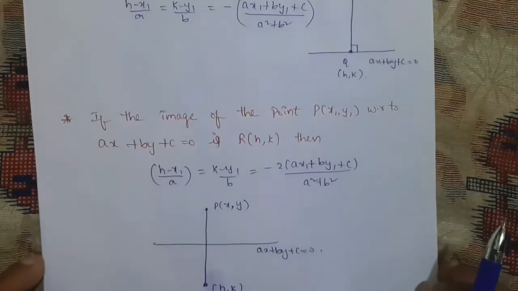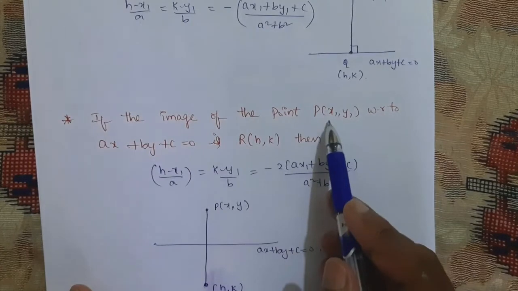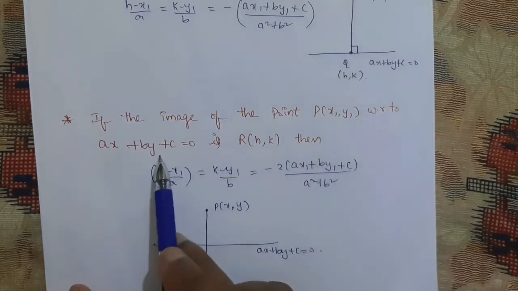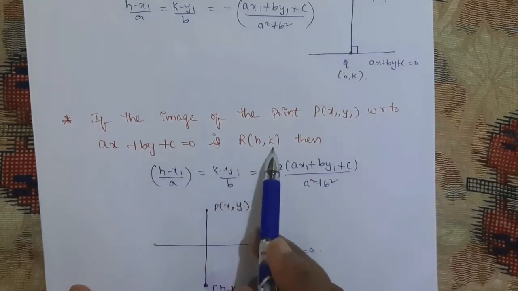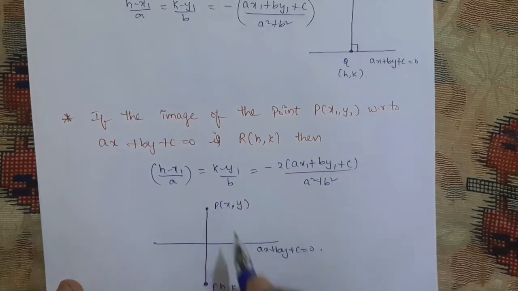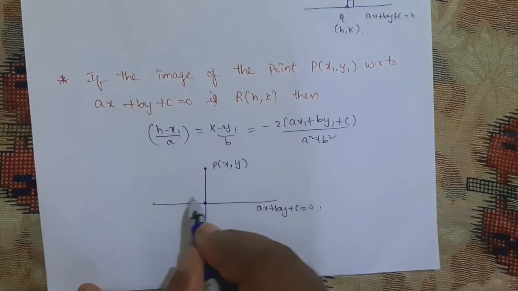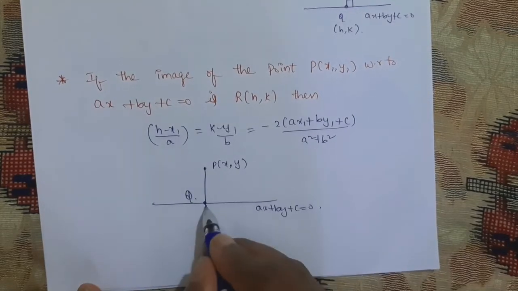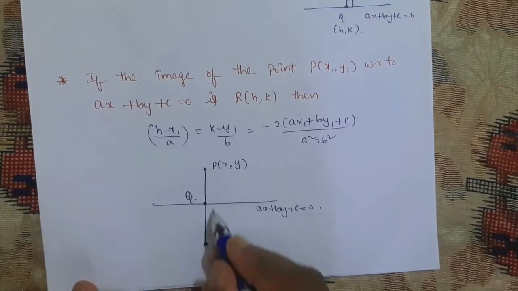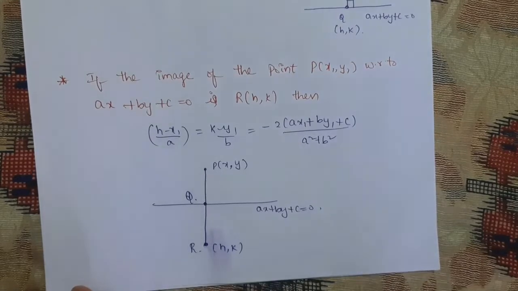Similarly, if the image of the point P(x1, y1) with respect to the line ax + by + c = 0 is R(h, k), then if Q is the foot of the perpendicular, this point we will consider as the image.